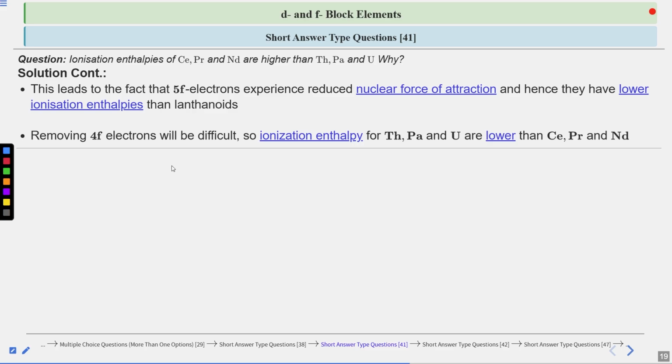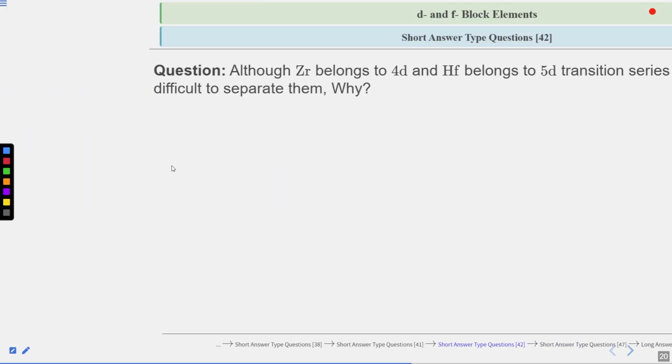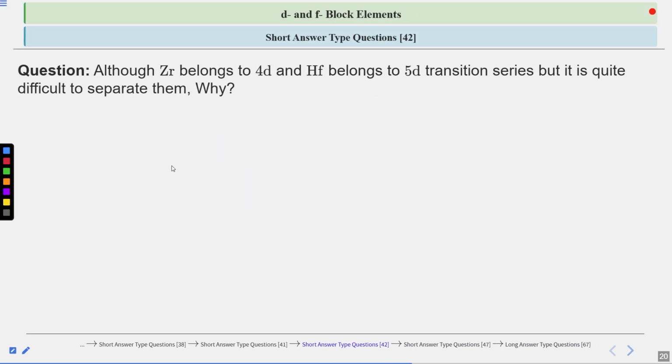Okay. So let's move to our next question. This is a short answer type question, marked as question number 42. The question is that although zirconium belongs to the 4d and hafnium belongs to the 5d transition series, it is quite difficult to separate them.